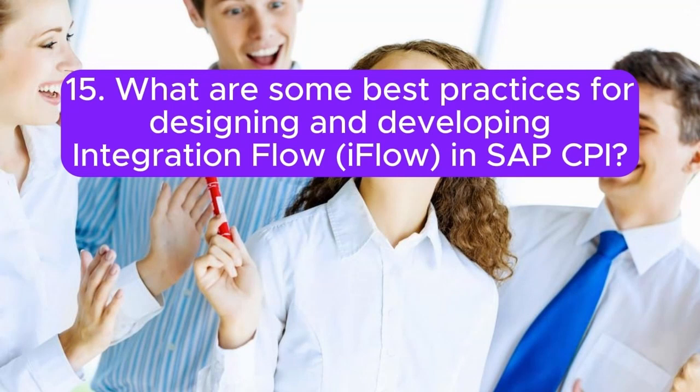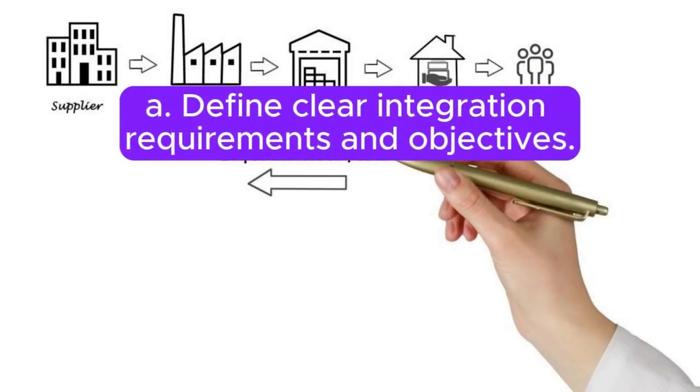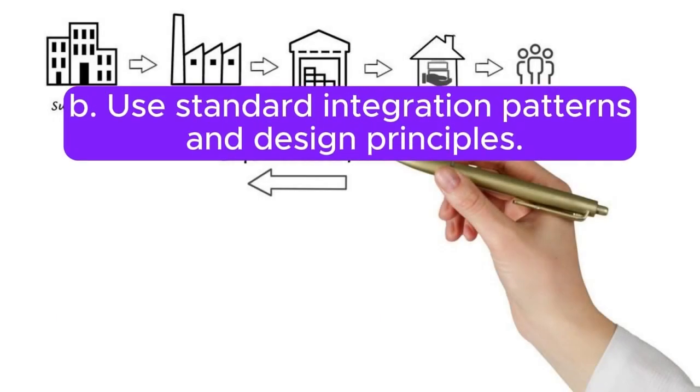15. What are some best practices for designing and developing integration flow iFlow in SAP CPI? Answer. Some best practices for designing and developing integration flow iFlow in SAP CPI include: A. Define clear integration requirements and objectives. B. Use standard integration patterns and design principles.